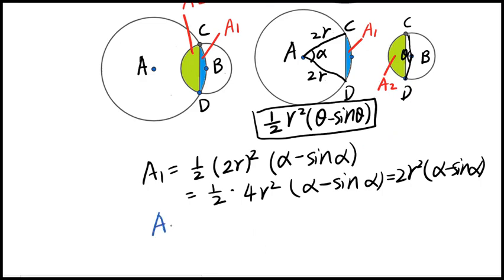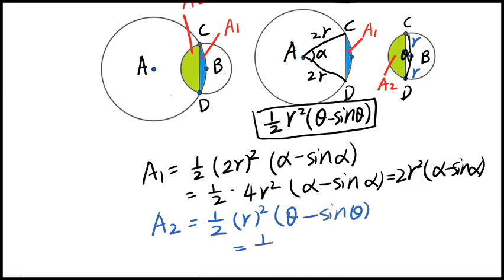For area 2, you will get 1/2. This will be R, and here is R, so we have R squared, then theta minus sine theta. Simplify: 1/2 R squared times theta minus sine theta.